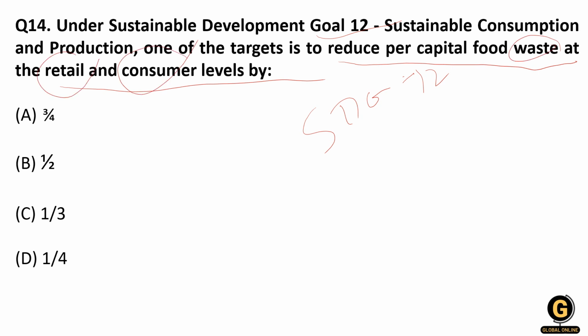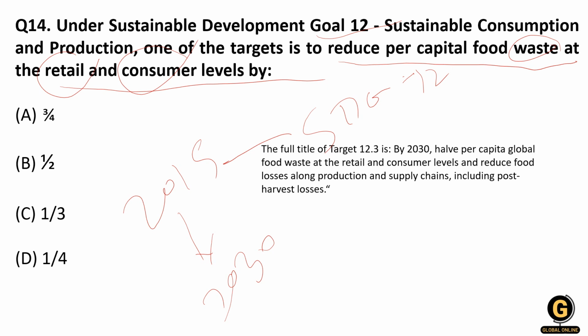Students, the SDGs were enacted in 2015, and the target to complete them is by 2030. The target is to reduce the per capita global food waste by half, right? So the correct answer is that food waste should be reduced by half.